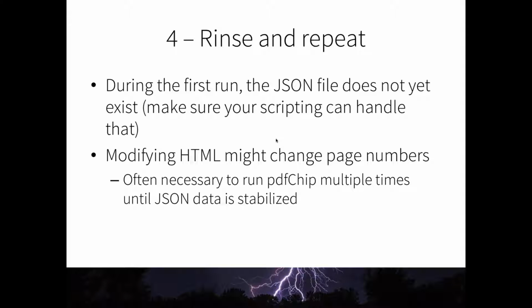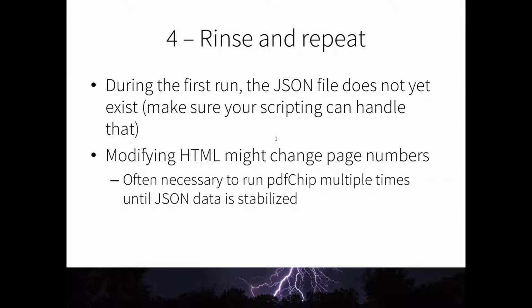If that file already exists, it will be overwritten. So pdfChip will scan the CSS, it will remember which elements it needs to track, and then information for those elements will be written to listcollector.js for you automatically. The only thing you have to do is add that additional command line parameter.